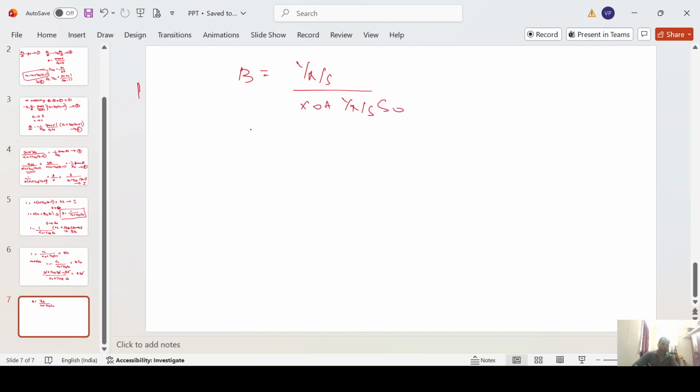Now what we can do is substitute in the original equation.